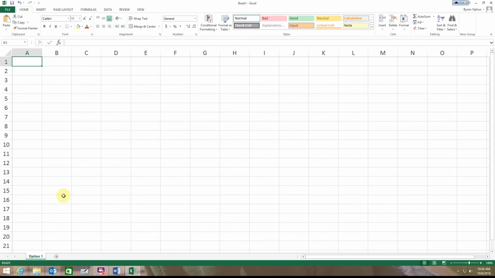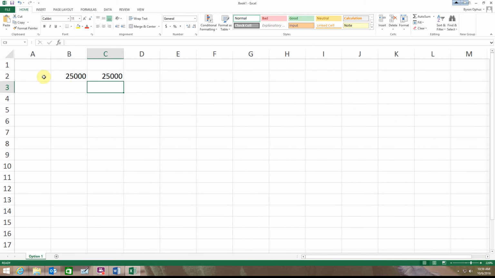What we haven't worked on is really those payments yet. So I'll use a car loan, say, of $25,000, and I'm going to have that for, we'll say, 5 years.